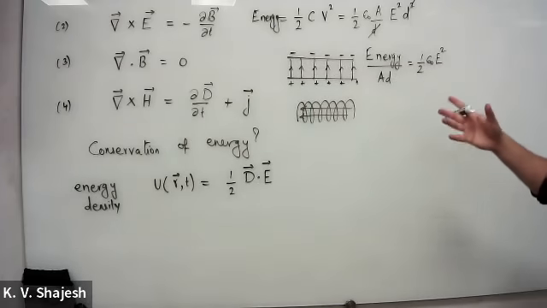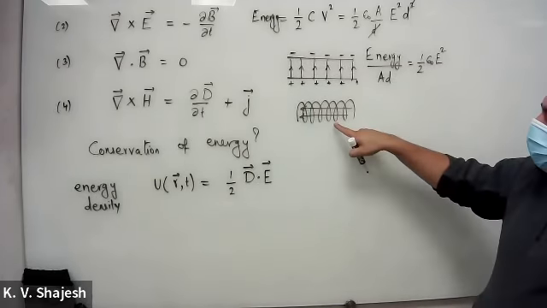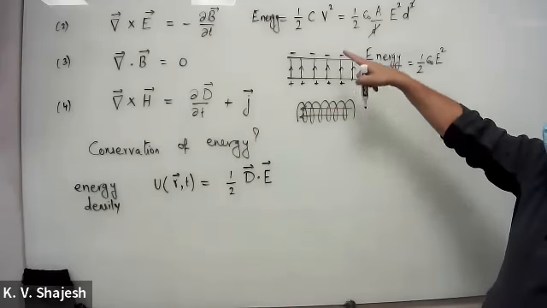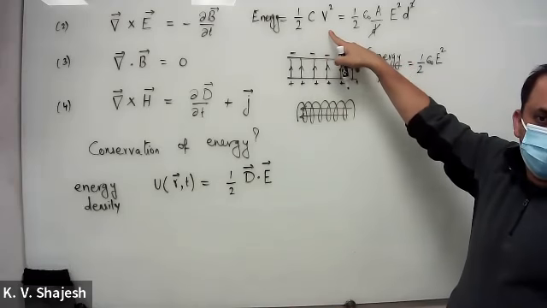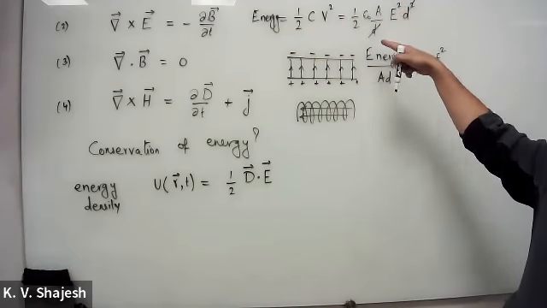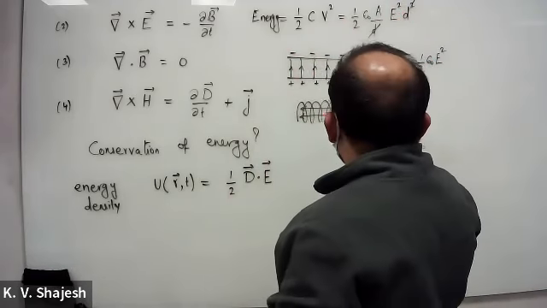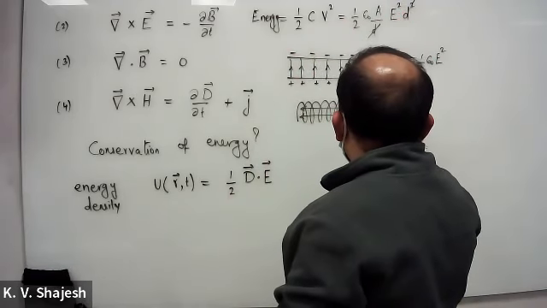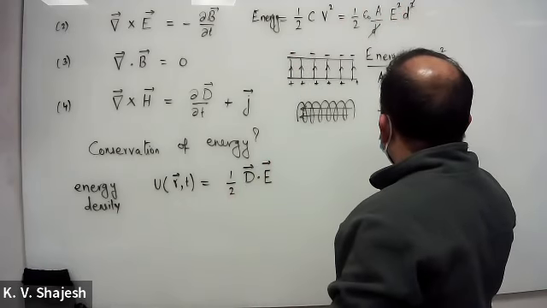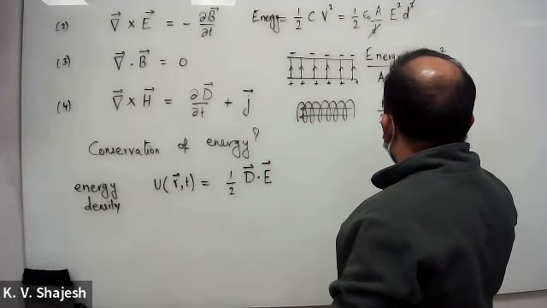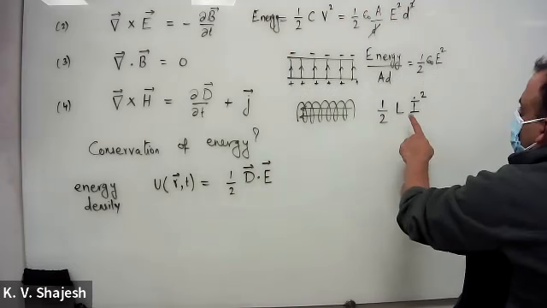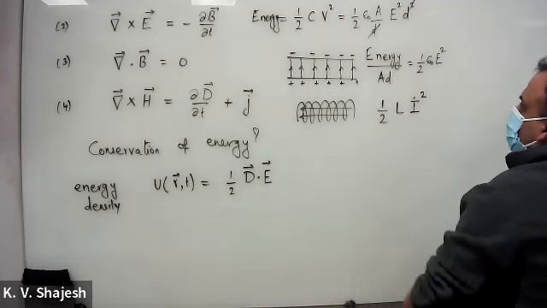And you can again ask what is the inductance associated with this coil. You can give it in terms of the inductance as half L I squared, where I is the current. That's your energy stored in there.